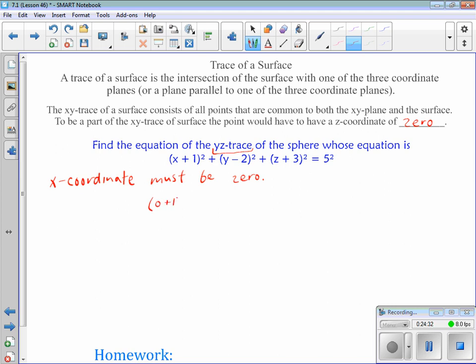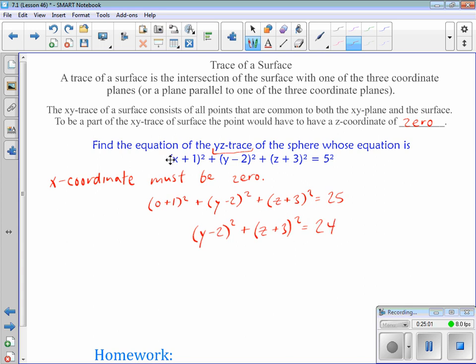This would be 0 plus 1 squared. This other stuff doesn't change. And I'm just going to write this as 25. And so this just turns into what? 1. So I'm just going to subtract the 1 over. So you just have y minus 2 squared plus z plus 3 squared equals 24.